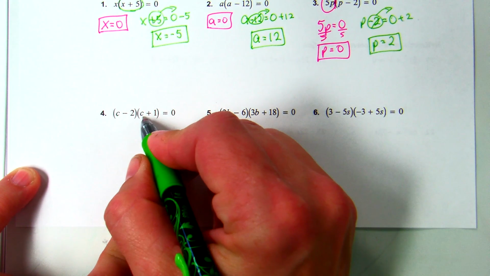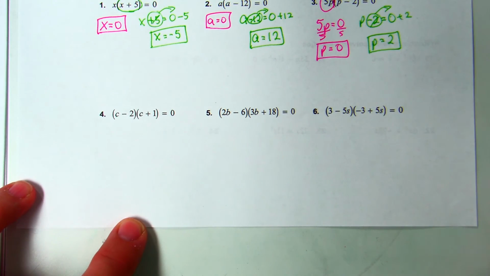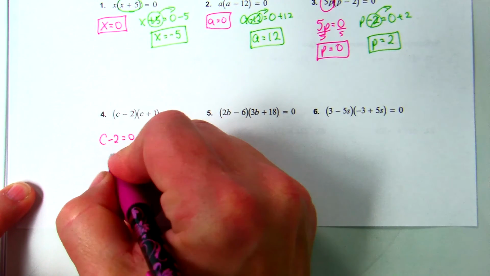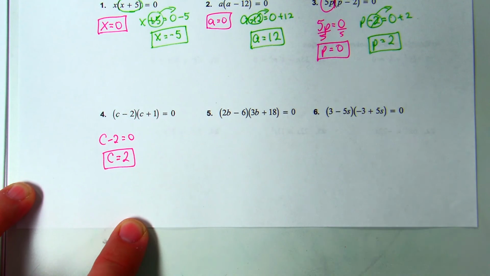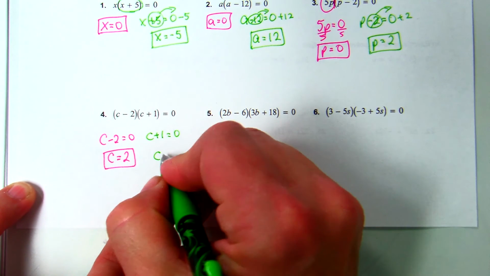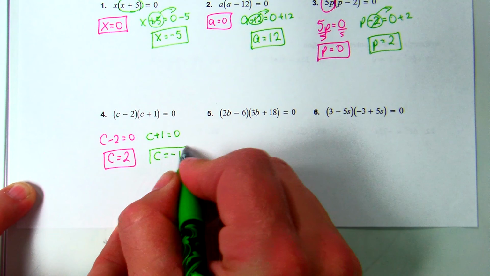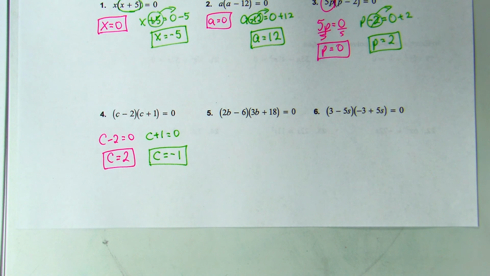We've got to have a negative 1 to make the positive 1 go away or become 0. And so the first one, we're going to have c minus 2 equal to 0. Well, we know c is just going to equal a positive 2 there. And if c plus 1 was equal to 0, we know that c would have to equal a negative 1 to cancel out the positive 1 to result in a 0. So our two roots or solutions would be c equal to 2 or c equal to negative 1.